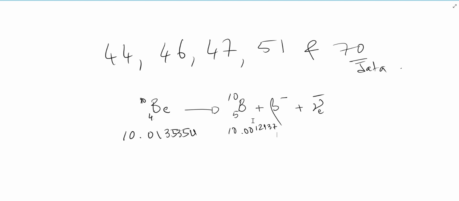So how much energy in MeV is released in this decay? Well, in this case, I'm going to add this mass to that of the electron. The neutrino has negligible mass, practically 0, less than 10 to the negative 36 kilograms.